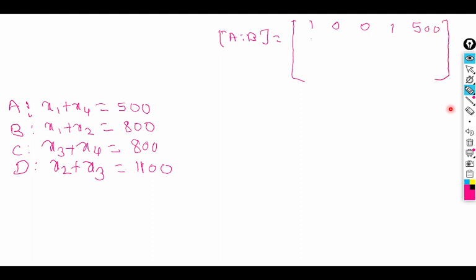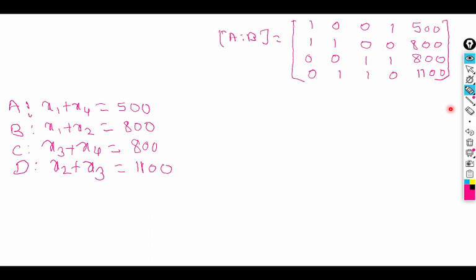Second row, 1 1 0 0 and 800. Third row, 0 0 1 1 and 800, and the last row is 0 1 1 0 and 1100.